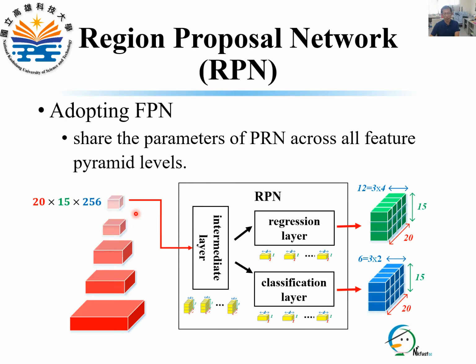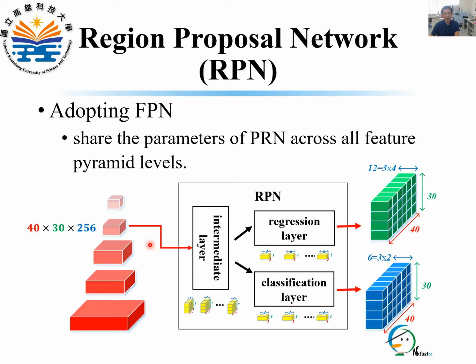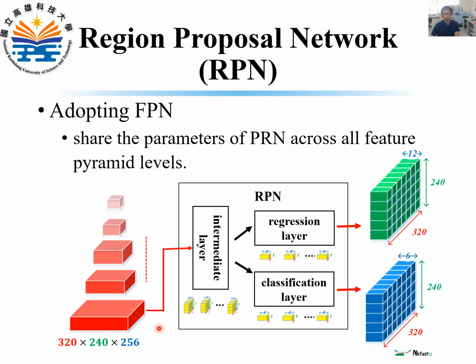For the topmost layer, RPN predicts 12 regression parameters and 6 class probabilities for 3 anchors. The same RPN is used for the second layer until the bottommost layer.